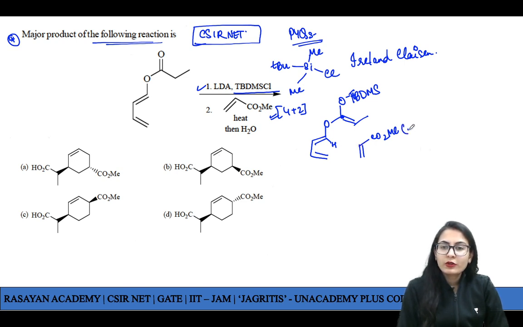The CO2Me group goes endo because of endo selectivity. This hydrogen is above, and the other hydrogen which comes over here, this carbon, that also is above because the ester goes below due to endo selectivity. And the final product that you do, it is always going to be a major 1,2 product.